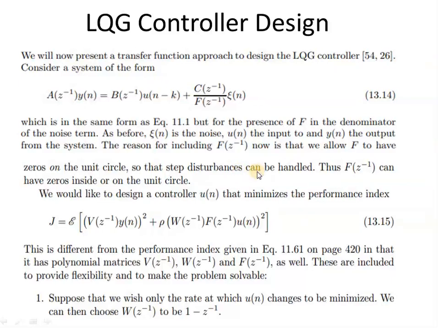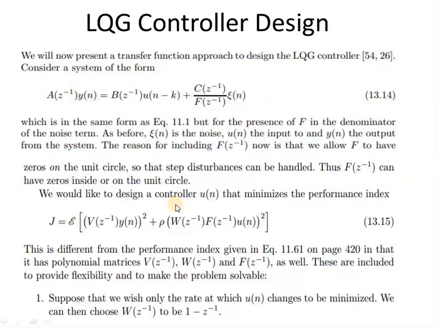The zeros of F(z^-1) can lie inside or on the unit circle, so that we can handle step disturbances very effectively as compared to F(z). Therefore we use F(z^-1) instead of F(z).